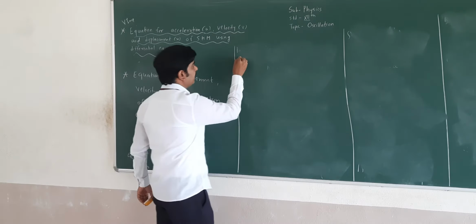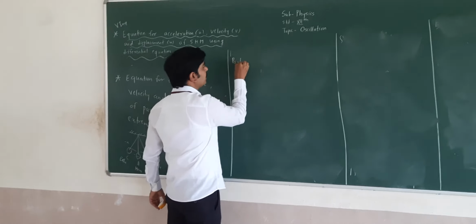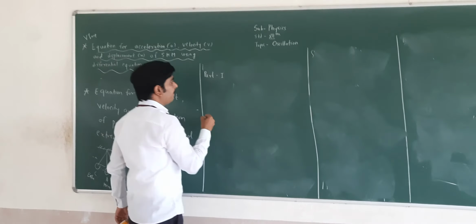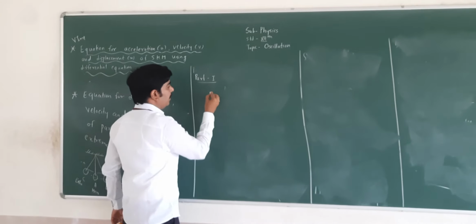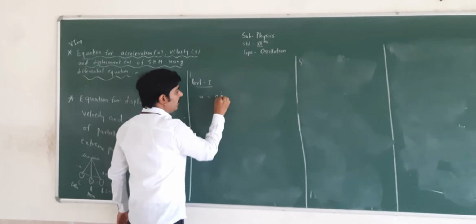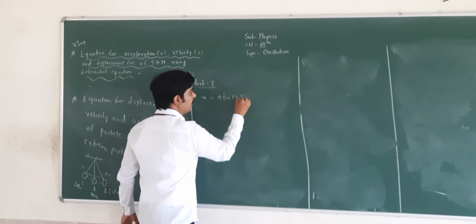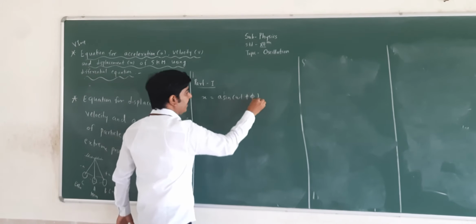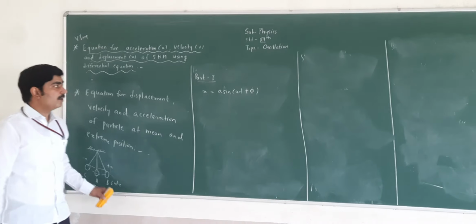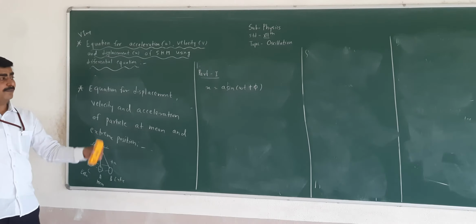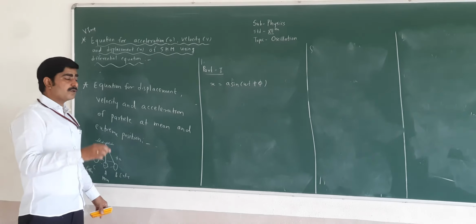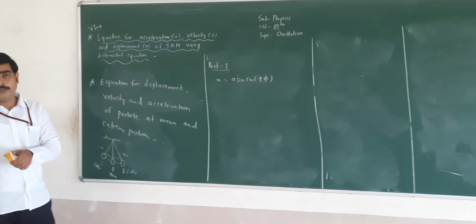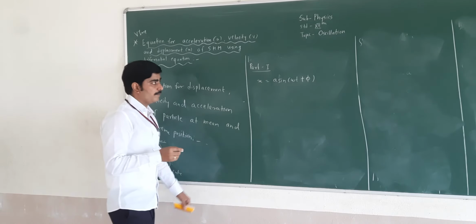First, for the displacement. Here also I am going to divide the answer into three parts. Part first. x is equal to A sin(omega t plus phi). So this is the equation for displacement of the particle. Now here we have to consider the two cases, for mean position and for extreme position.